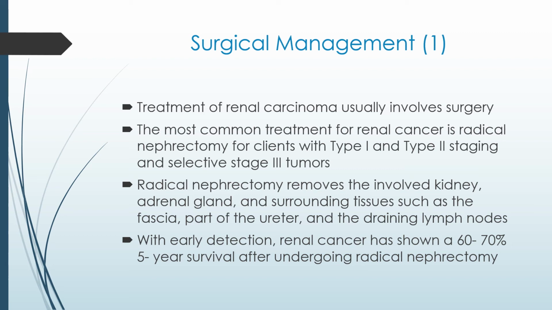Radical nephrectomy will remove the involved kidney, the adrenal gland, the surrounding tissues such as the fascia, part of the ureter, and then the draining lymph nodes. With early detection, renal cancer has shown a 60 to 70% 5-year survival rate after undergoing radical nephrectomy.